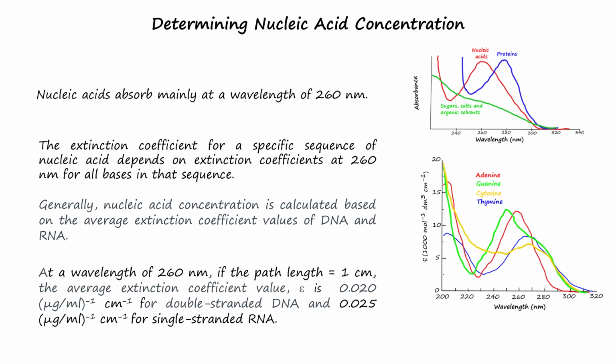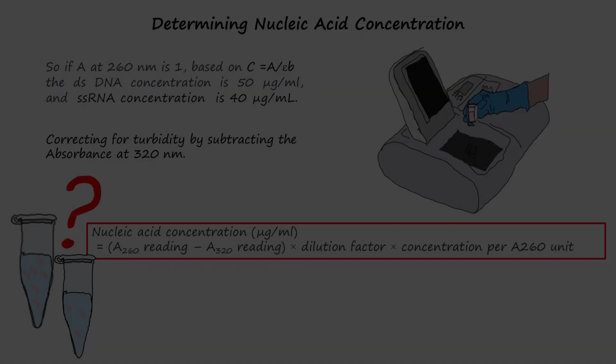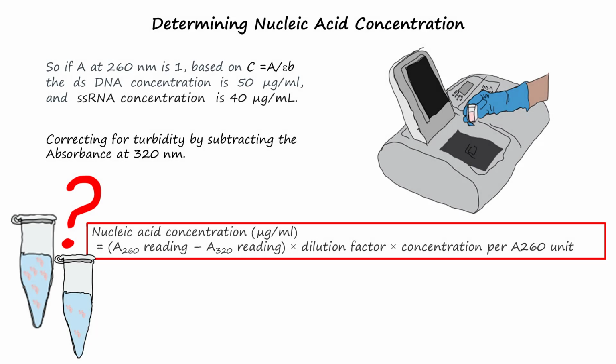Using the average extinction coefficient values at 260 nanometers, path length of 1 centimeter, and absorbance at 260 nanometers of 1, double-stranded DNA has a concentration of 50 microgram per ml, and single-stranded RNA has a concentration of 40 microgram per ml.